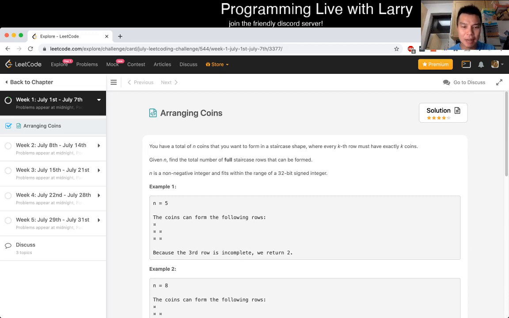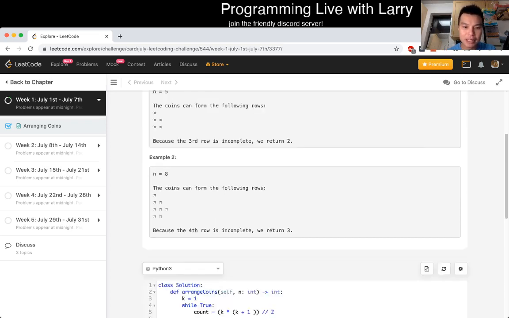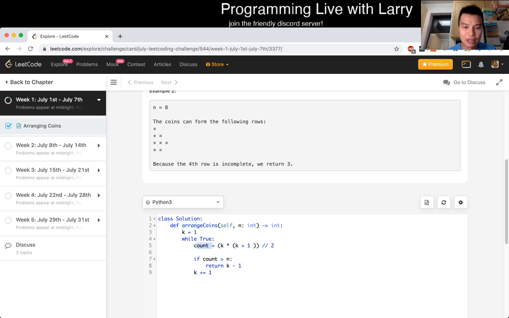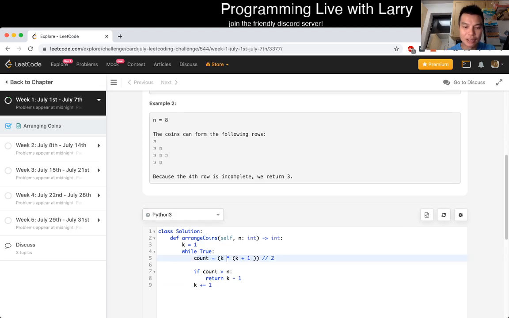Because this is easy, I'm going to try to upsolve it and just practice my binary search in general. So how would you solve this with binary search or bisection? Well, because we have this formula, we just have to find the first number where this formula is greater than or equal to n, right?